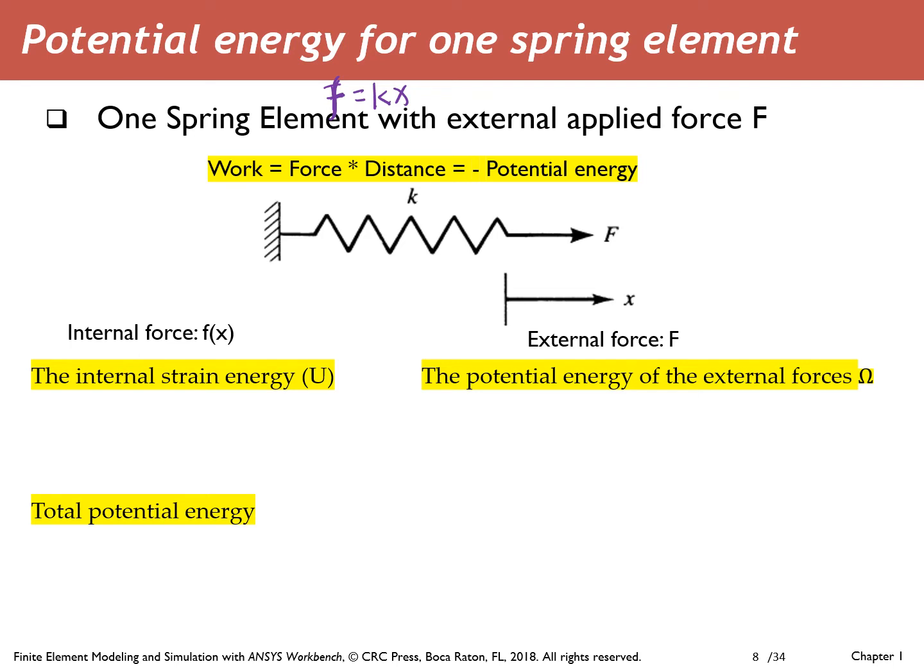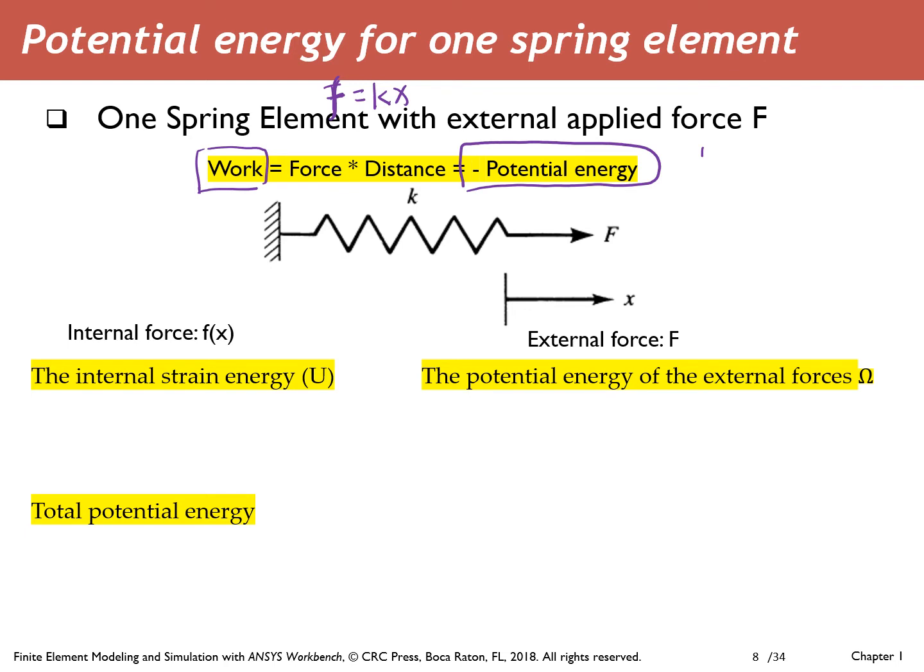So work equals minus the potential energy. That's based on the idea that if the potential energy can transform to work, then in total the work and the potential energy should be zero, the conservation of energy.